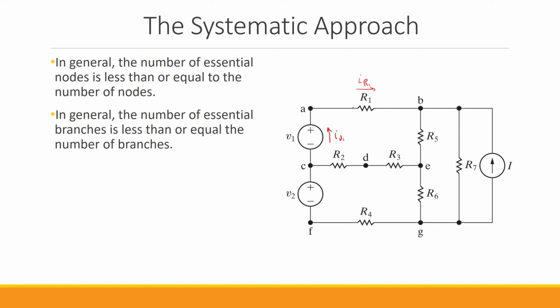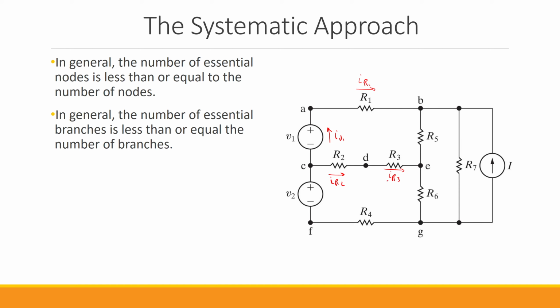So that is not something that needs to be included in our simultaneous equations, right? Because this is something very obvious. The same is true for this one too. For example, node D, between R2 and R3: the current that goes through R2 is the same as the current that goes through R3, right?